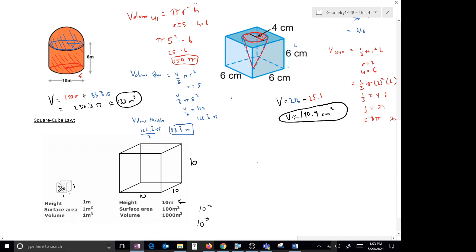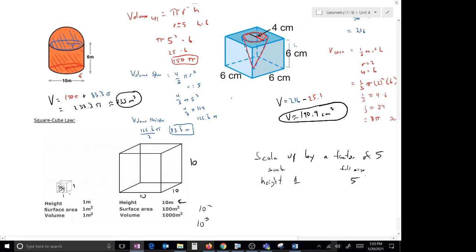Okay, so we're going to scale up by a factor of 5. So height starts at 1. Over here will be our scale size, and here will be our full size. So height increases by a factor of 5.